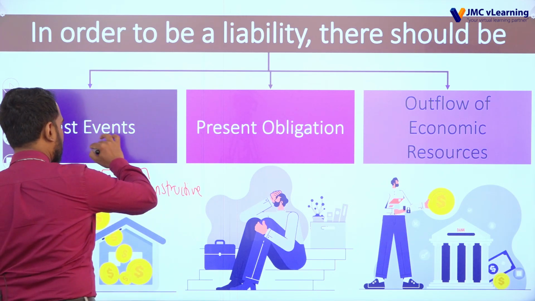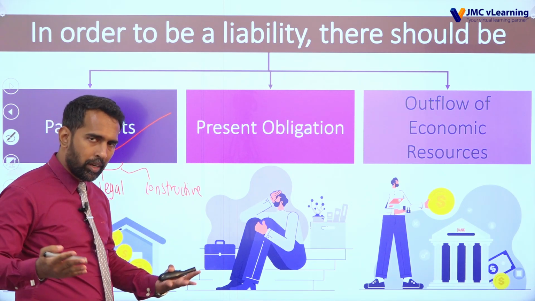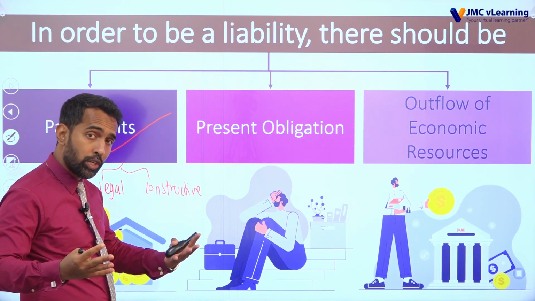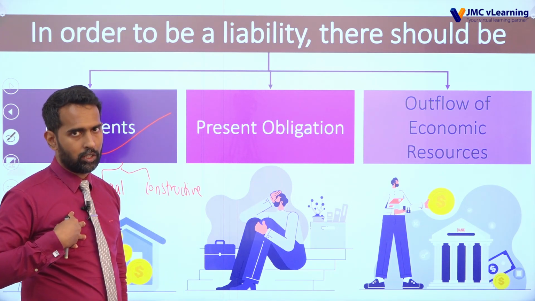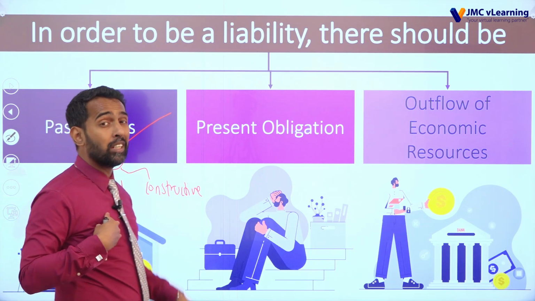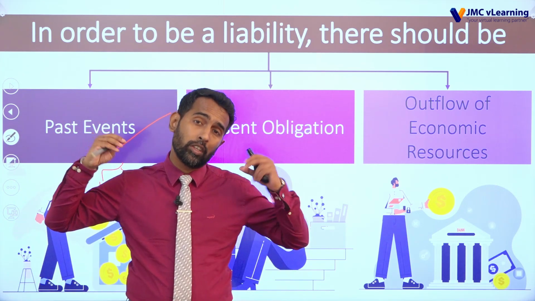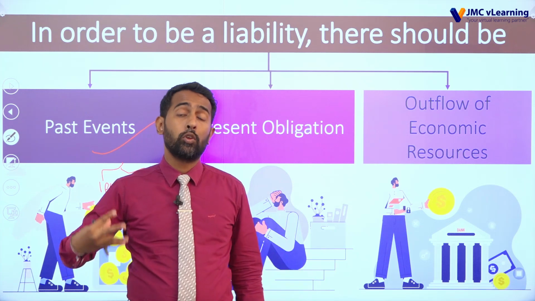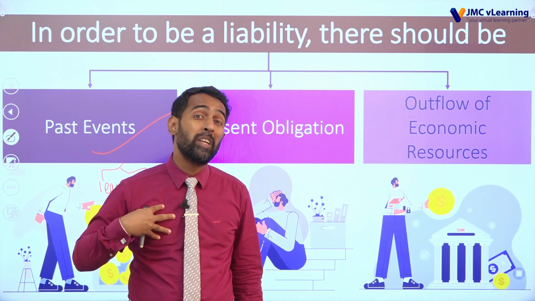So, there's a past event, right? A legal event, it can be an agreement, it can be an act, it can be the legislation. Because of a past practice, because of a policy, you accept the responsibility. Present obligation. Because you have accepted that responsibility, now you are supposed to pay it, you have to settle it. You are obliged, you are committed.